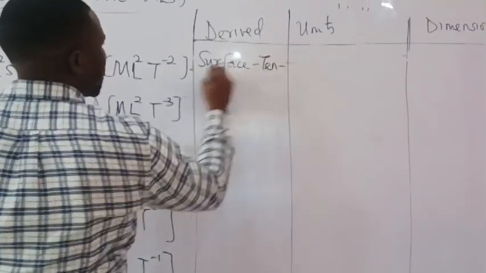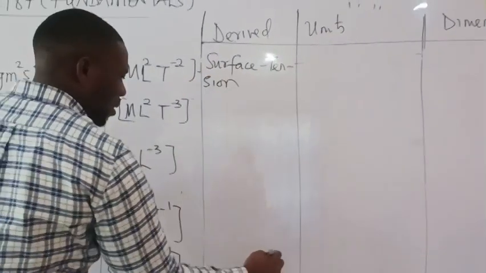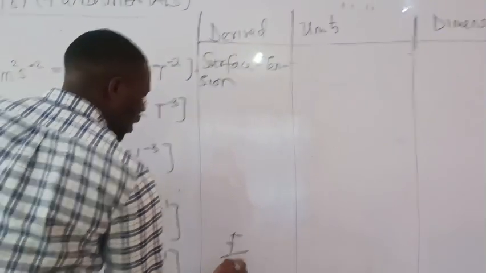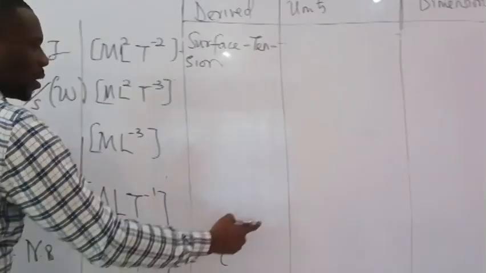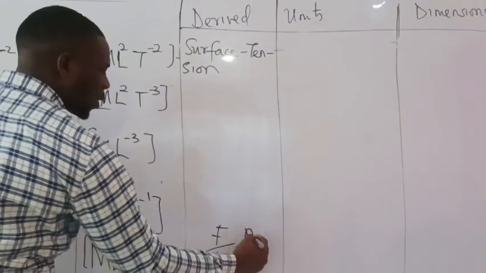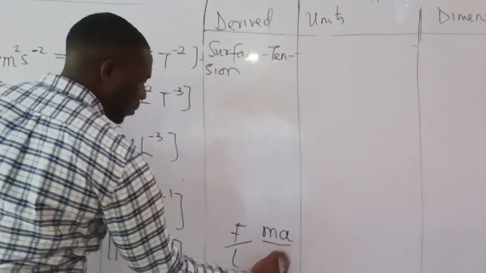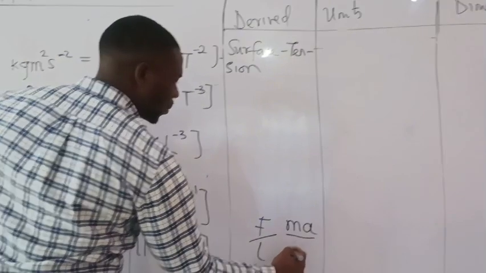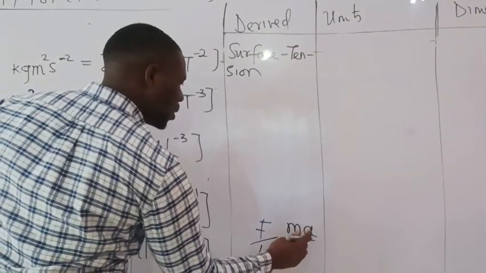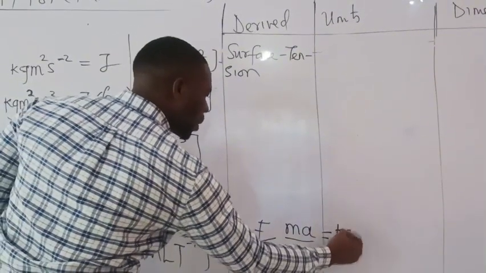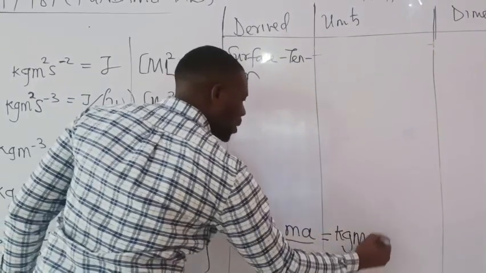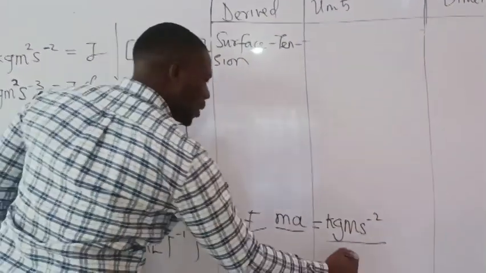Surface tension is defined as force per unit length. So force is Newton, the product of mass times acceleration, and length is in meter. So this is kilogram for mass, meter per second squared, over meter.